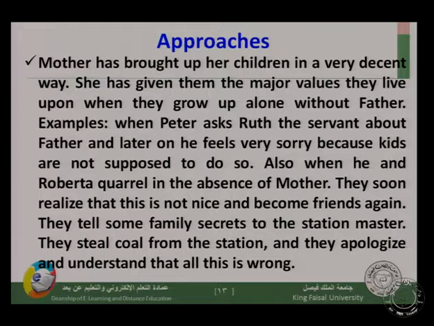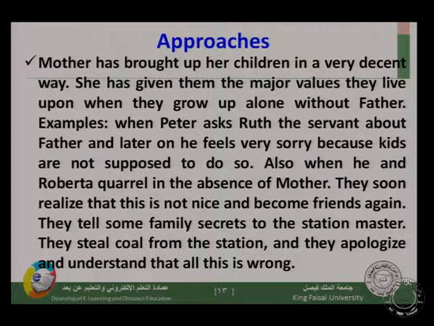When Peter asks Ruth, the servant, about father, and later on he feels very sorry because kids are not supposed to do so. He remembers that mother told them not to talk to servants about the family. He does that as a child. He commits a mistake, but because he has been brought up in a good way, he apologizes.